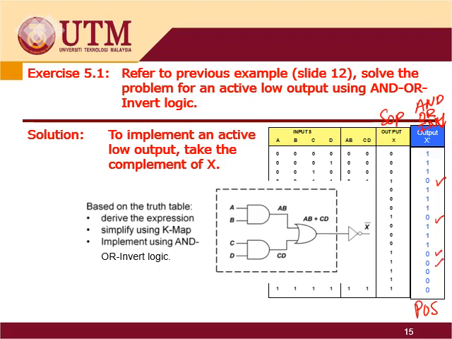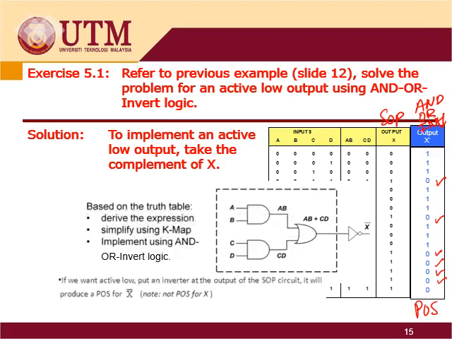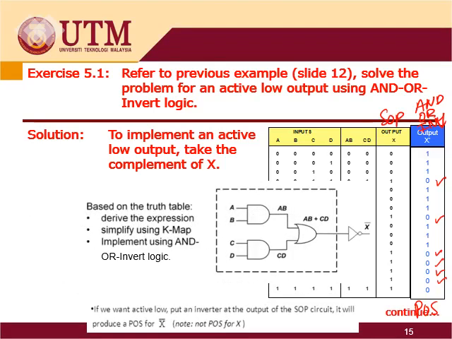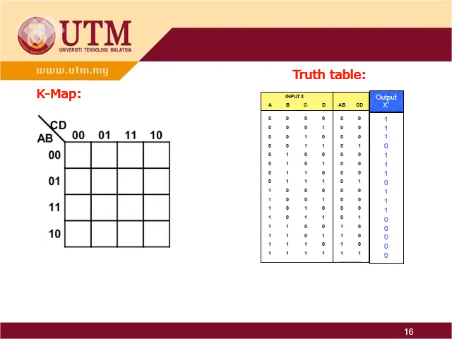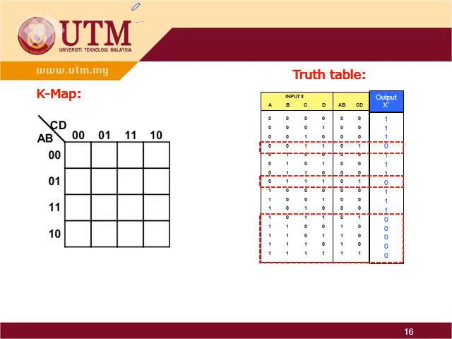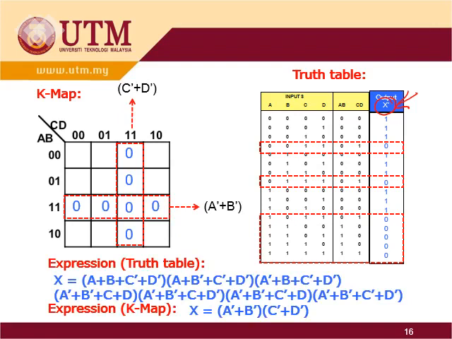We will draw the K-map based on the 0 of the NOR invert output. So be careful, this is x bar, not x, but x bar, and we draw the 0. So we get the K-map, we will get this answer.